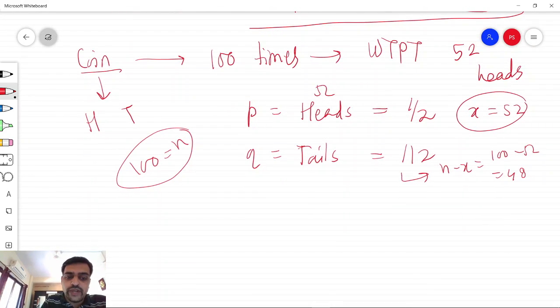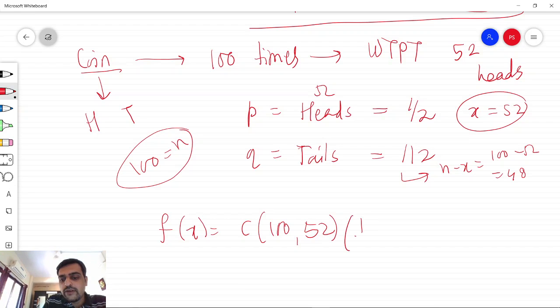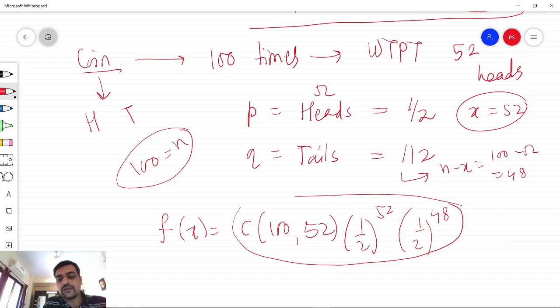So we can write it as f of x equal to C(n, x), so C(100, 52) p raised to x, which is 1 by 2 raised to 52, q raised to n minus x, which is 1 by 2 raised to 48. So this is a much complicated number and we need a computer to solve this.